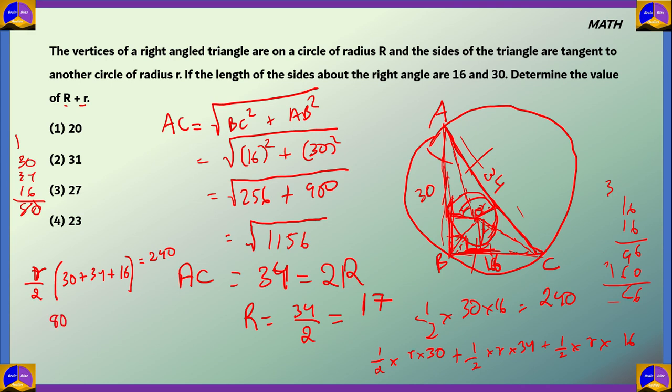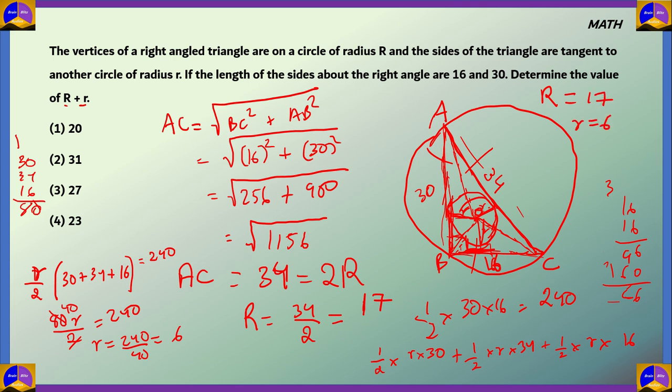We don't need to take 2 to the other side, as it will cancel out. 2 and 80, we'll get 40 over here. 40r is 240, so r is 240 by 40, which is equal to 6. 6 times 40 will be 240. And so we get capital R as 17 and small r as 6.